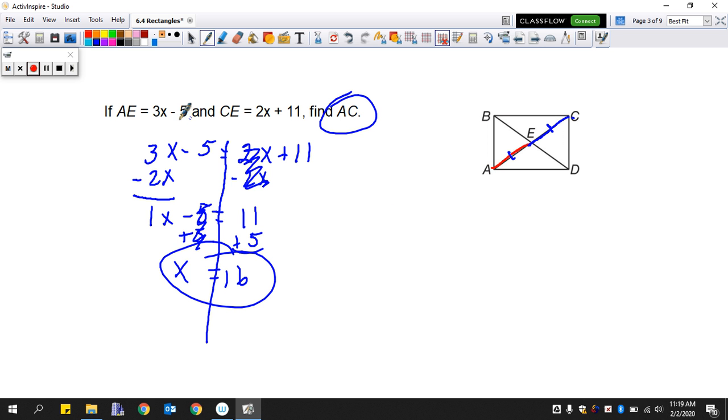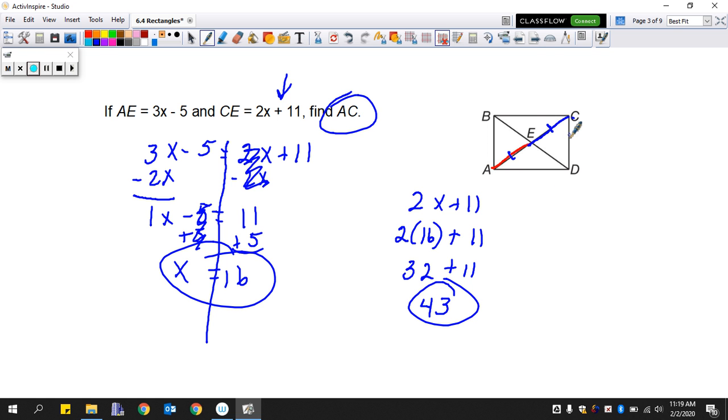Now we're going to plug it into one of these two expressions. I'm going to plug it into this one, 2x plus 11. So that's 2 times 16 plus 11. 2 times 16 is 32, plus 11, and we find that CE is 43.